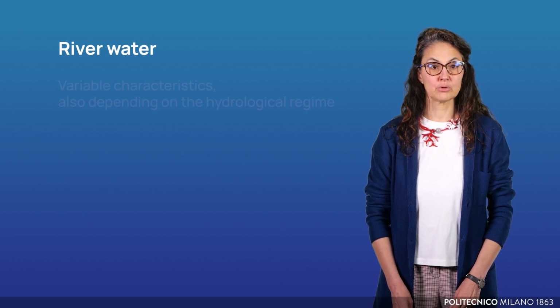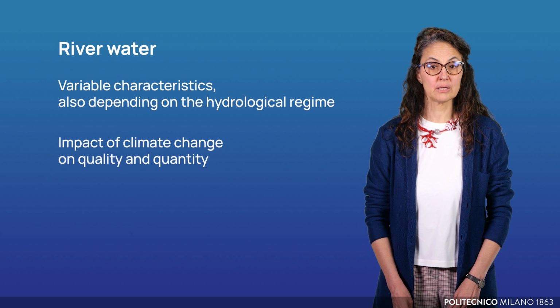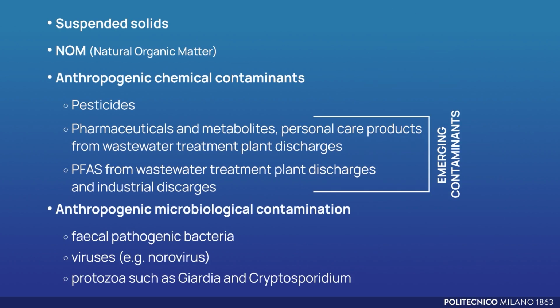River water, on the other hand, has highly variable characteristics, influenced by the hydrological regime, and is more strongly affected by the impacts of climate change, not just in terms of quantity but also quality. It typically contains a significant amount of suspended solids and naturally occurring organic matter, and is susceptible to both chemical and microbiological contamination.